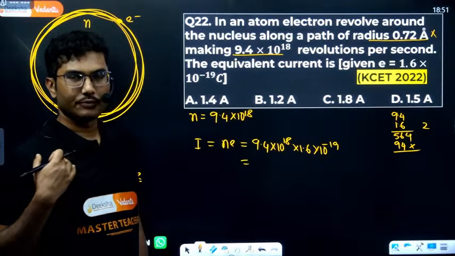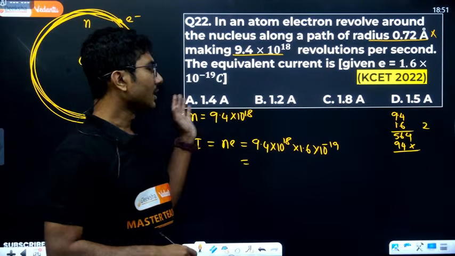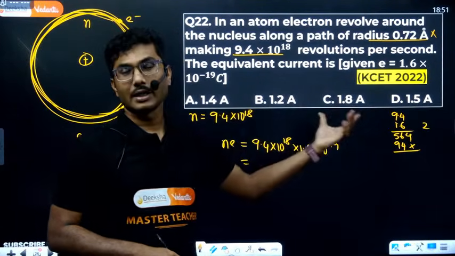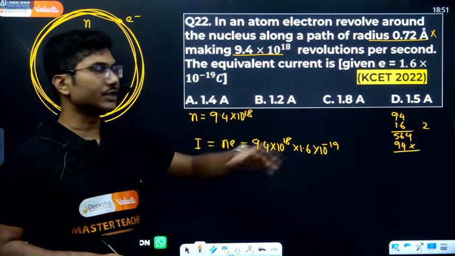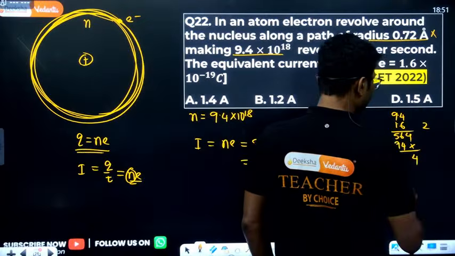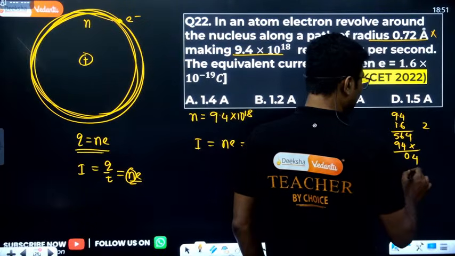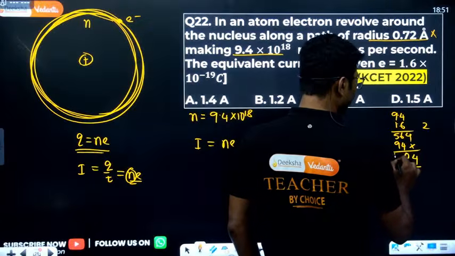If you see that all the options are very close, do not approximate. If the results are far apart, then you can approximate and get the correct answer. But if the results are very close to each other, do not approximate. So 4, then we have 0, in hand we have 1, then 14, 15.